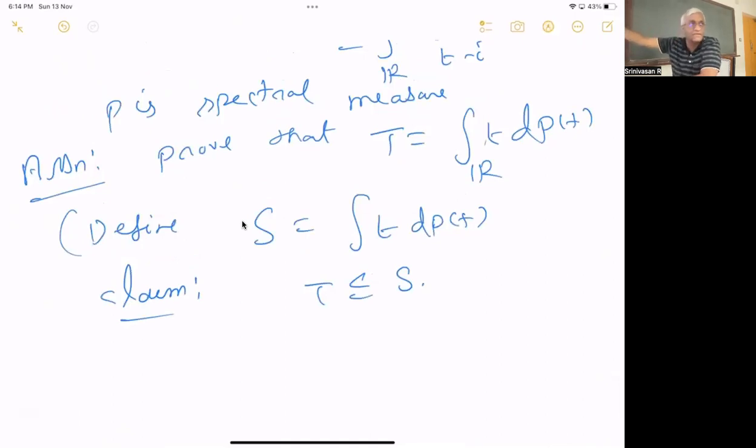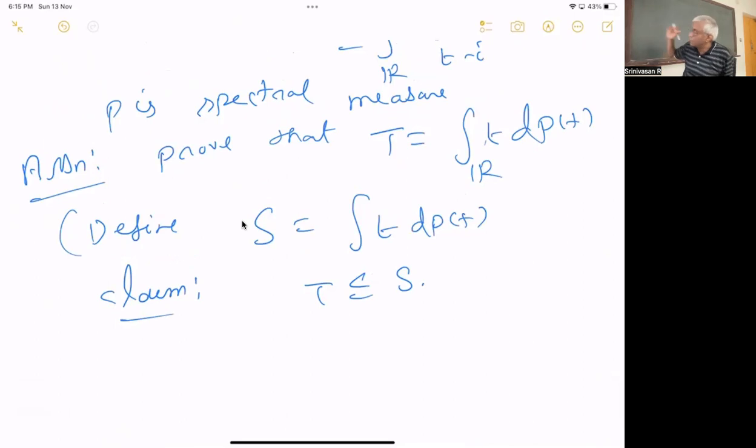Then you have to prove that it is in the domain of S. Sorry, S is defined like this; T is just T. We originally have some T, and from that, T minus I inverse is given by the integral of some z dP prime.